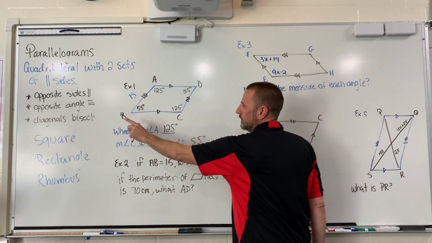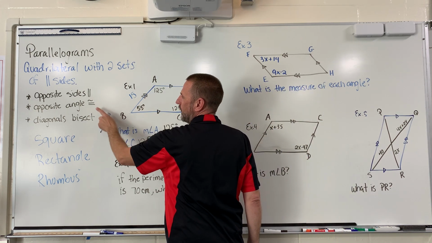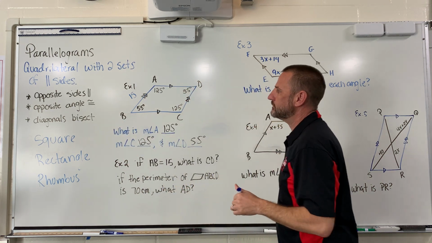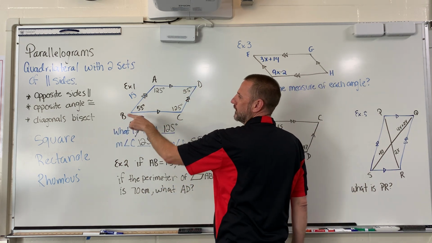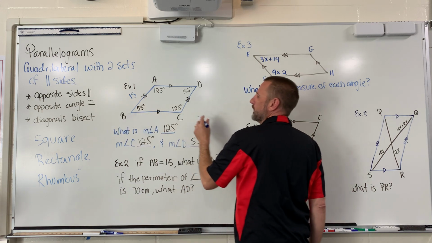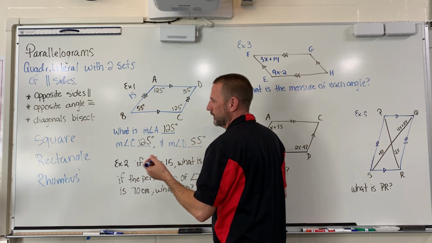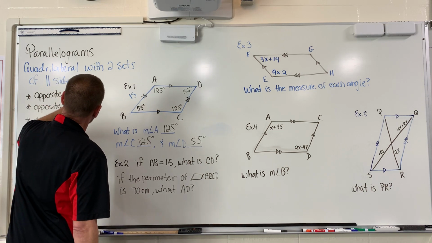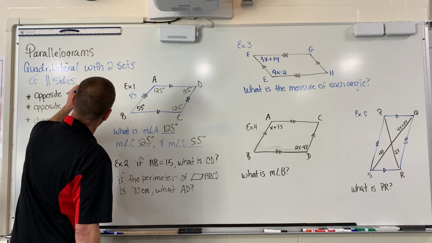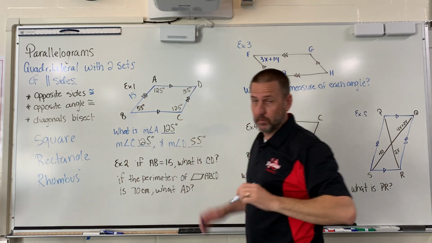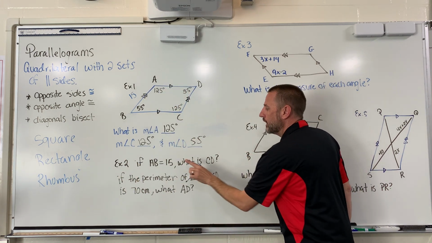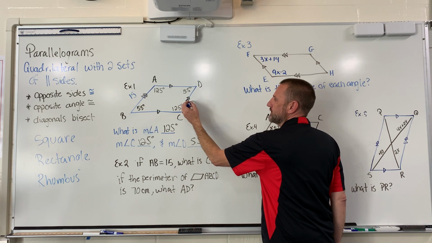Well, again, opposite sides are parallel, opposite angles are congruent. Well, opposite sides are congruent too, which I didn't write down, so I got to write that down. I think that's what I meant to write right here. Opposite sides congruent. I've been talking about that the whole time and I had it wrong. Oh well. Anyways, so knowing that this is 15.